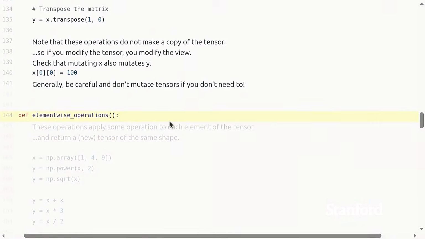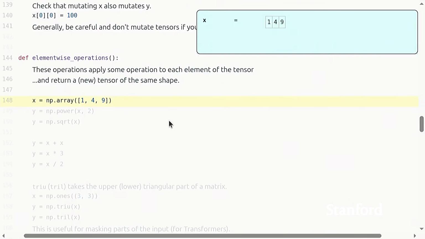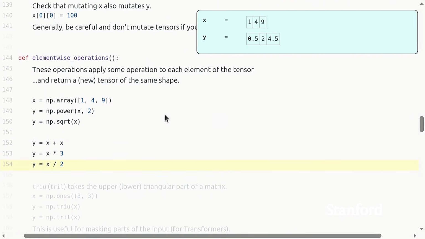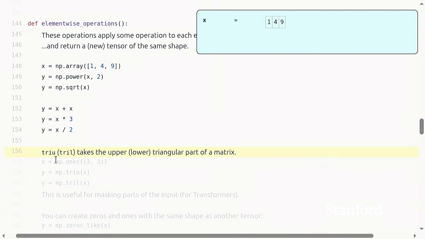OK, so I'll go over this part fairly quickly. Element-wise operations: you have any sort of tensor, and I'll just use a rank 1 tensor for now. You can apply a bunch of standard element-wise operations, such as raising to some power or taking the square root. You can add tensors of the same size. You can multiply and divide by scalars. There are other special operations like triu and tril, which take the upper or lower triangular part of a matrix.